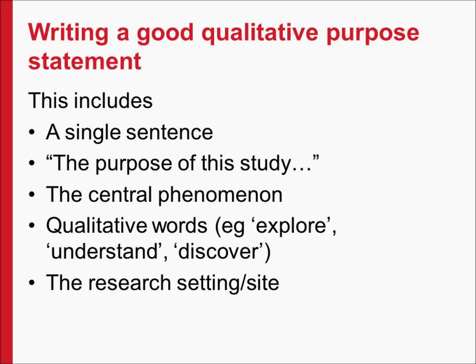There's a need here to ensure the inclusion of specific elements, particularly the purpose of the study, the chosen phenomena being studied, for example, drug use and injecting behaviours, experiences of bullying, meanings associated with being overweight, getting older and losing social networks. You should also ensure the language is in keeping with a qualitative study, using words which indicate this is a qualitative study.